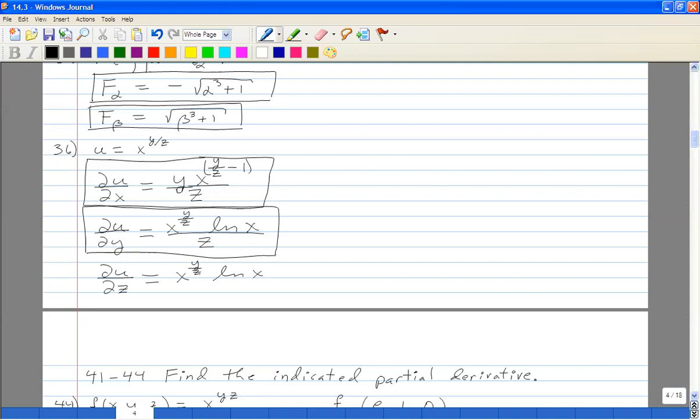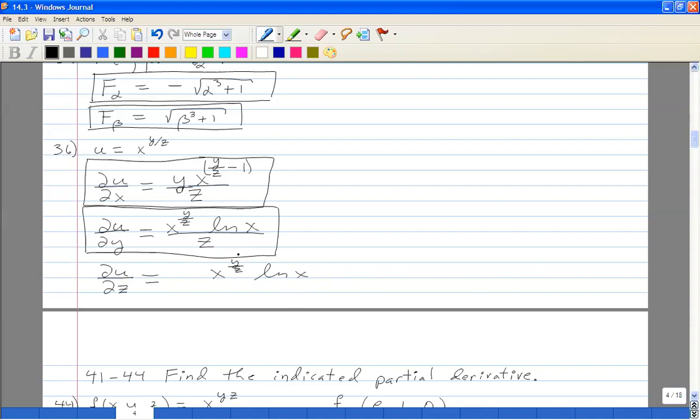Well, the derivative of the exponent, let's give me some more room here. So let's write x to the y over z ln x times the derivative of the exponent.